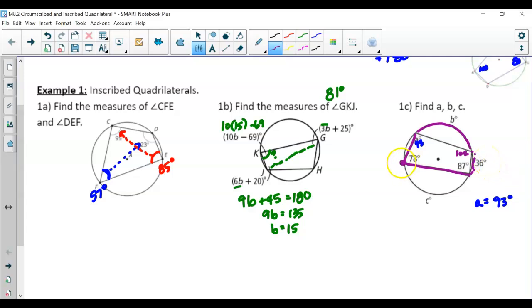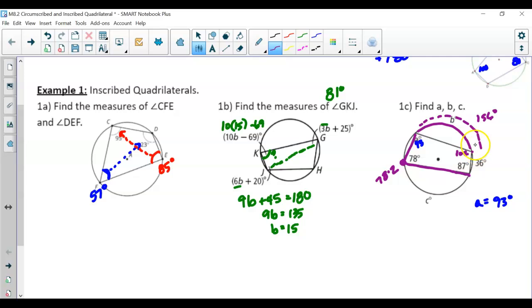So again, if this is inscribed, what do we do to find the measure of the arc? We double it, right? 78 times 2. So this entire arc here that is being created, including the 36, is 156 degrees.